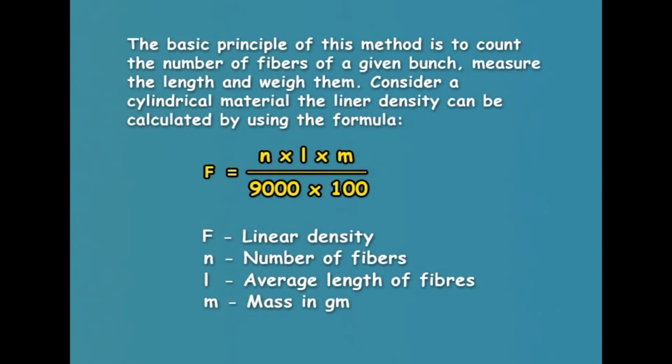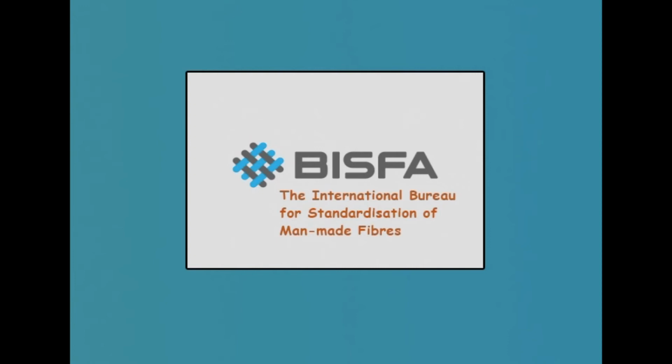Here F equals linear density, N is the number of fibers, L is the average length of the fibers, M is the mass in grams. In practice, very few natural fibers are uniform cylinders. For man-made staple fibers, it is a standard method prescribed by BISFA. The lengths of individual fibers are measured and the fibers are preserved and weighed. The formula described before is used to calculate the linear density.